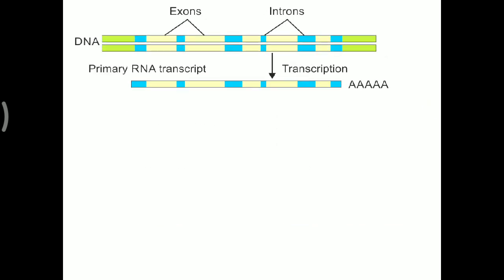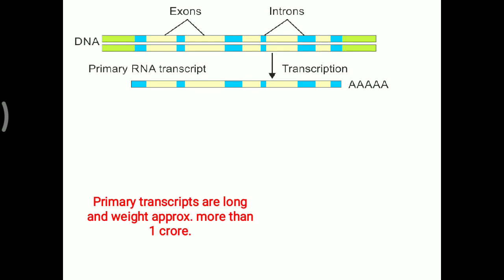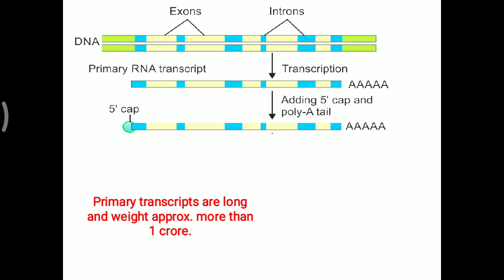Finally, in summary, first from the DNA the primary RNA transcript is generated. After transcription, that primary transcript is mostly longer in size, with a molecular weight of more than 1 crore. From this primary transcript, the 5' cap and poly A tail are added, and they have their own significance.